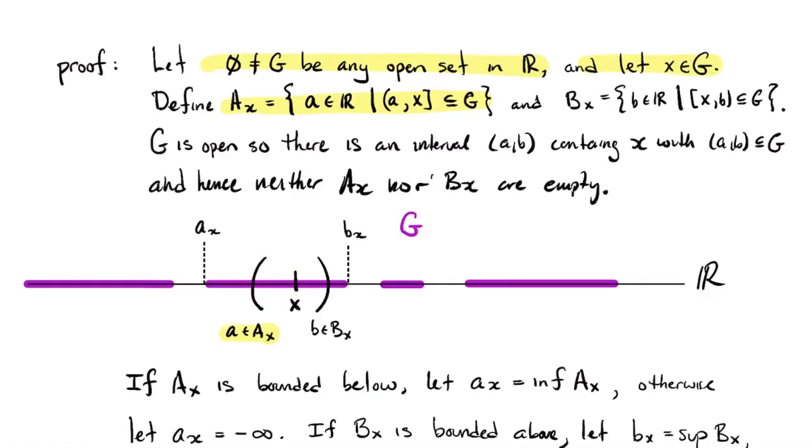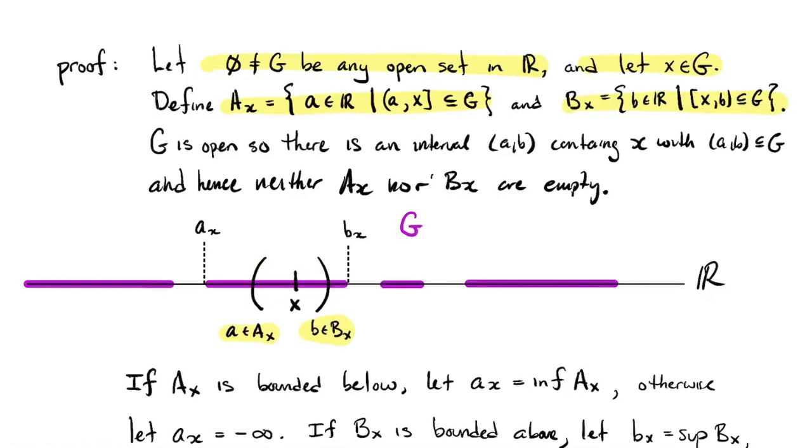And then I'm also going to define B sub X. It's those B's such that, again, the half open interval from X to B completely belongs to G. So I'm showing you a B down here that's in B sub X. B sub X is the set of all such B's.